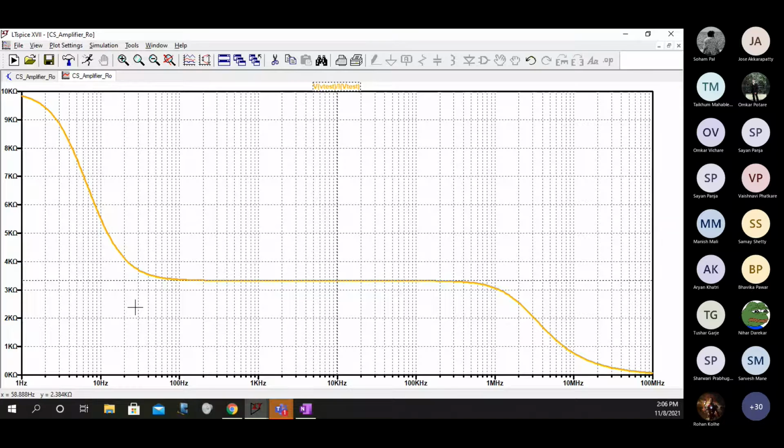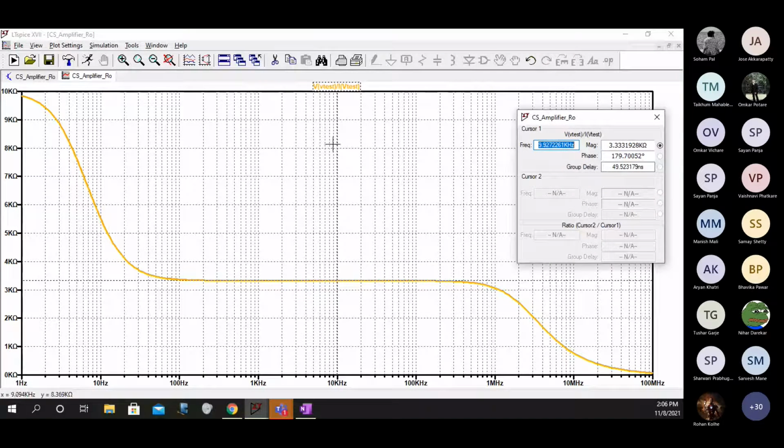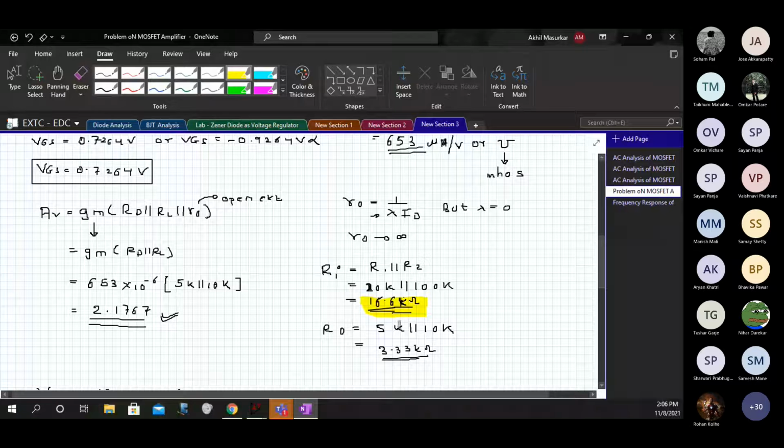Now let's try and measure this. So the central value is around 3.33 kilo ohms. Let's check whether our calculation was giving us the same thing or not. Yes, absolutely perfect. But through this calculation, you should note one thing.